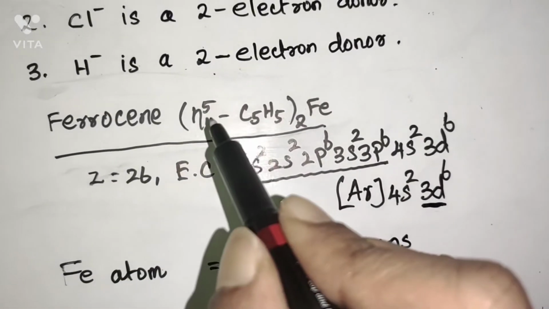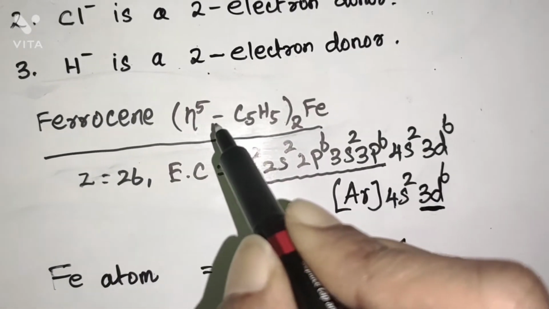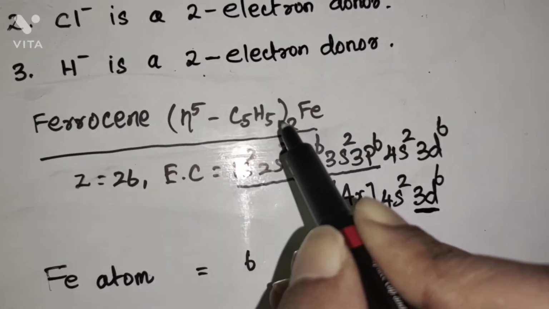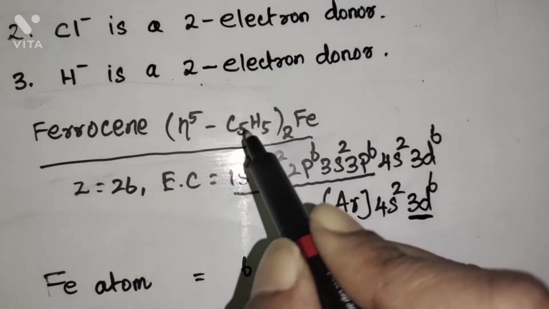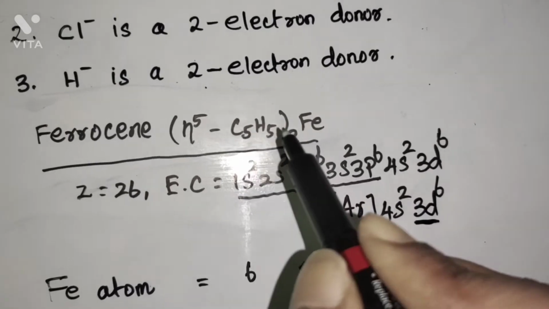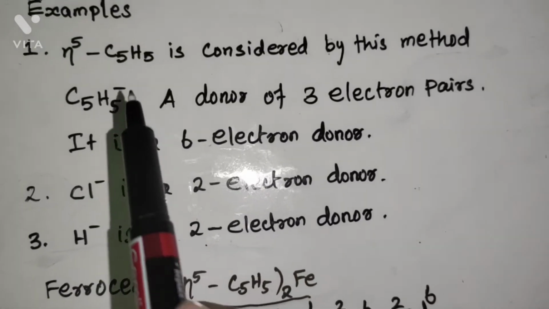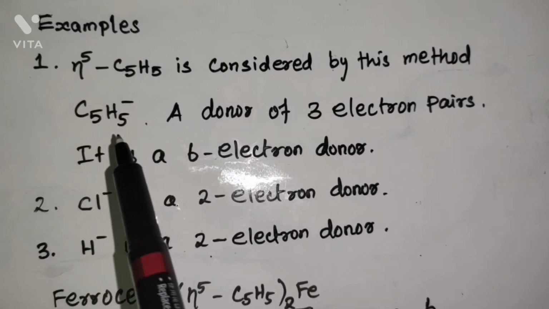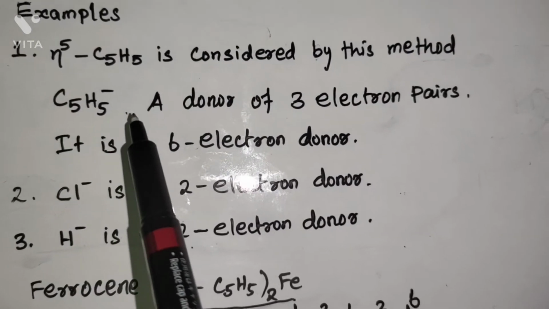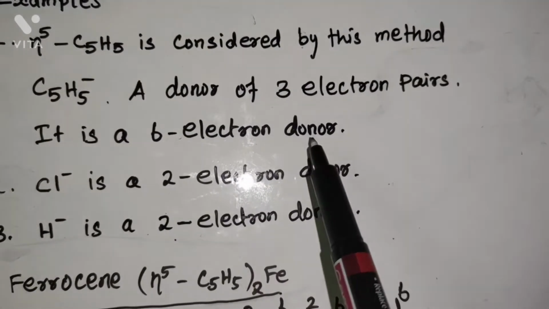Next, in the ferrocene compound, 2 cyclopentadienyl rings are present. We already discussed that the cyclopentadienyl anion has 6 electrons.